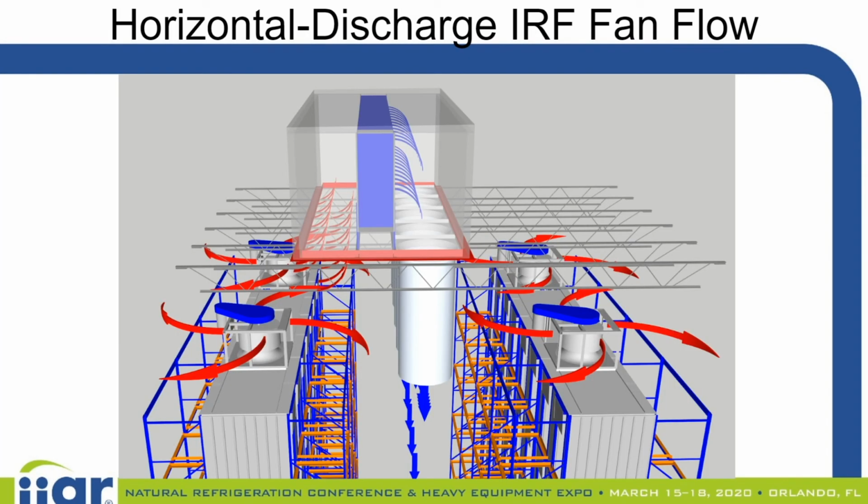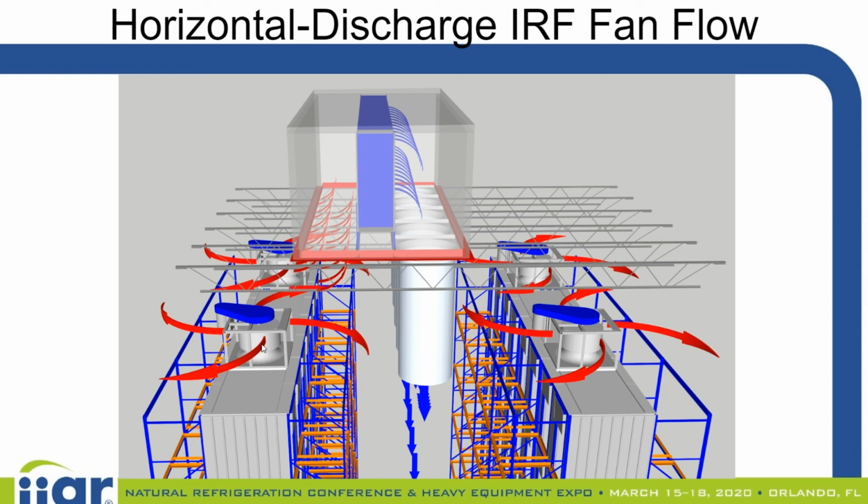So when you consider these fans sit on top of the plenum, on top of the in-rack freezing system, and there's a motor, belt-driven pulley system with a shaft and bearings in this arrangement.